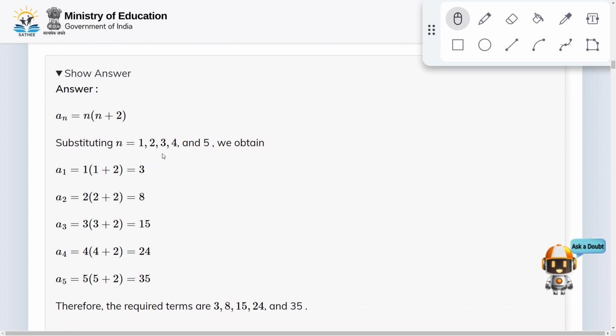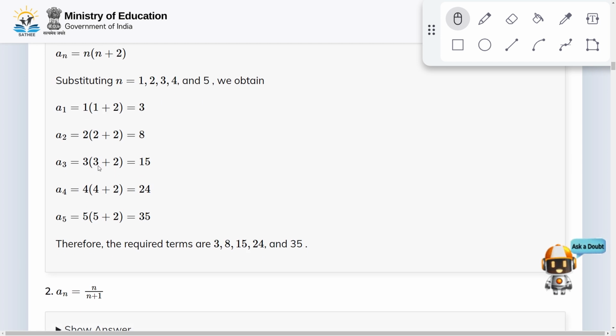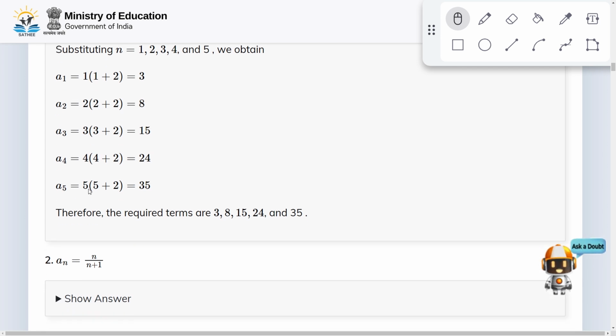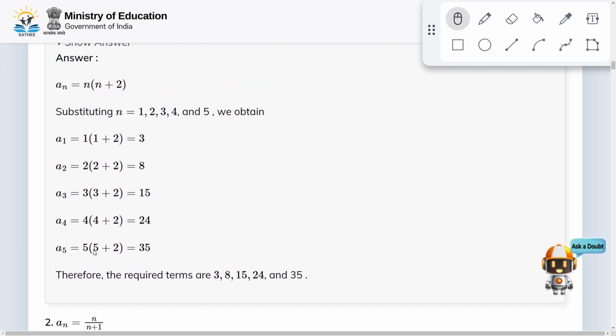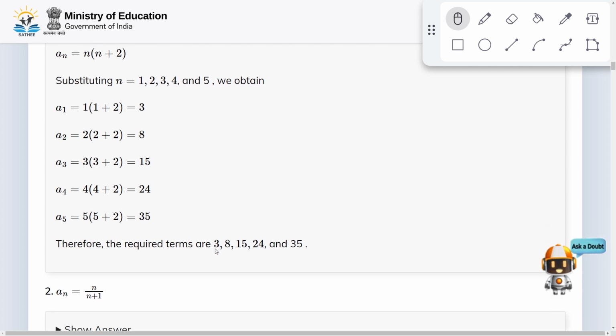A1 is 1 multiply 1 plus 2, which is 3. A2 is 2 multiply 2 plus 2, 8. A3 is 3 multiply 3 plus 2, 15. A4 is 4 multiply 4 plus 2, 24. A5 is 5 multiply 5 plus 2, 35. Therefore the required terms are 3, 8, 15, 24, 35.